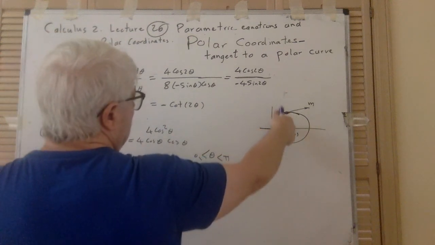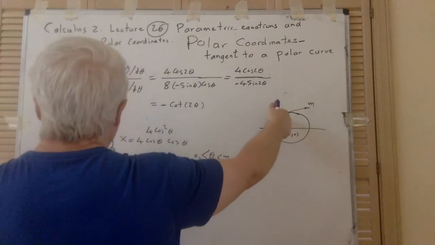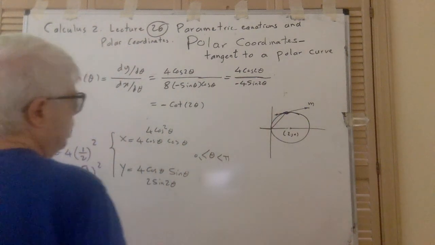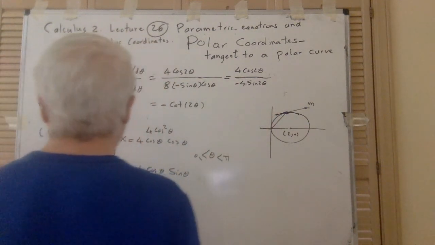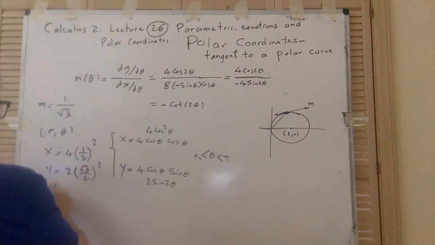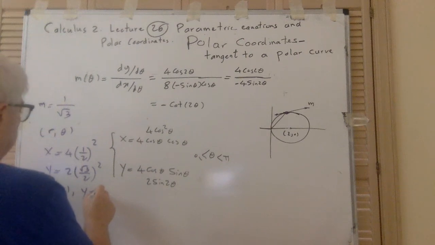So x is 1, and y is 3 over 2, that is 1.5.